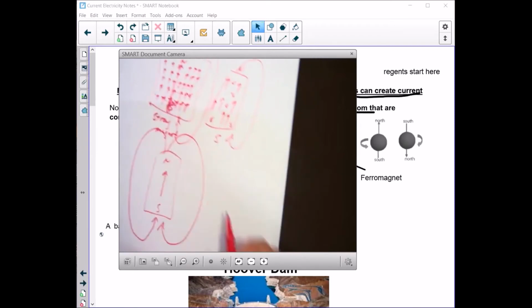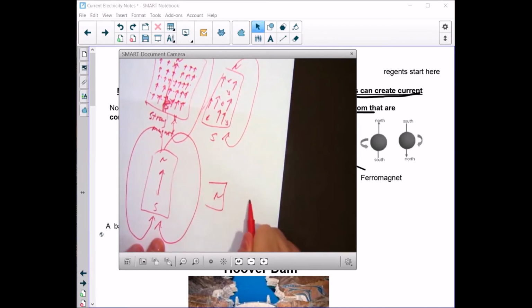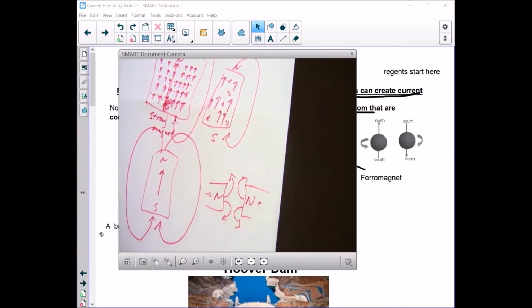It is the interaction of two magnets, which have their individual domains, that results in magnetic forces. To step through it: the individual electrons, when they're lined up, create a magnetic field, and then it is the interaction of two magnetic fields that results in a magnetic force.